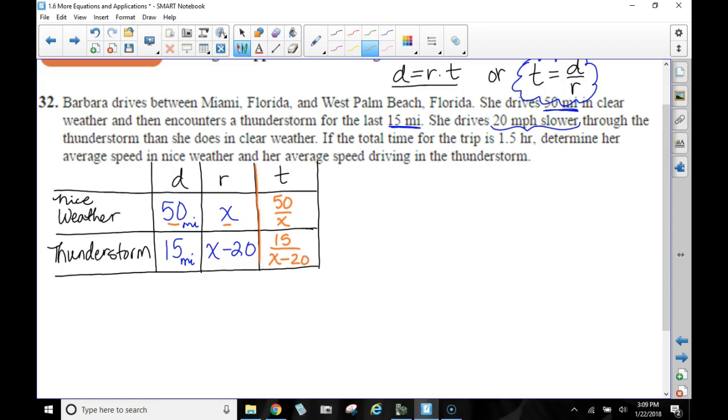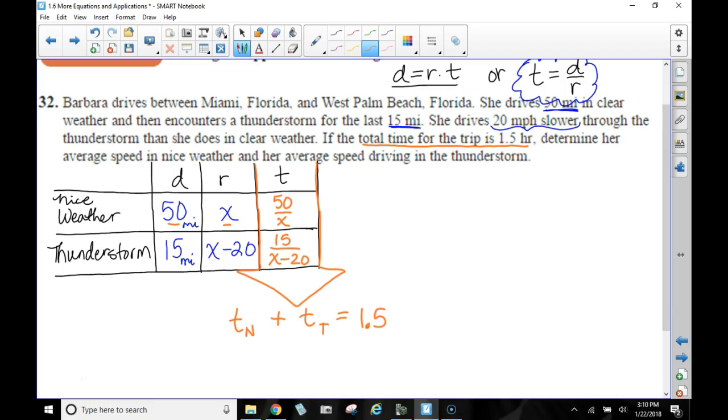Now we're going to use this information in the time column to set up our model. We do know, recall, that the total time for the trip is 1.5 hours. Okay? And so we know that her time in the nice weather, I'll call that T sub n, added to the time in the thunderstorm, that adds up to 1.5 hours.